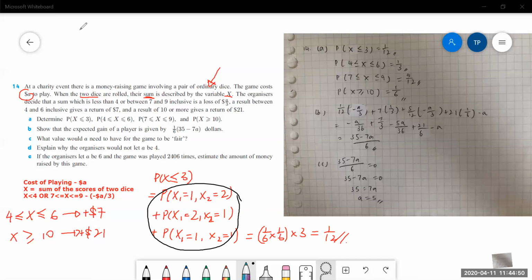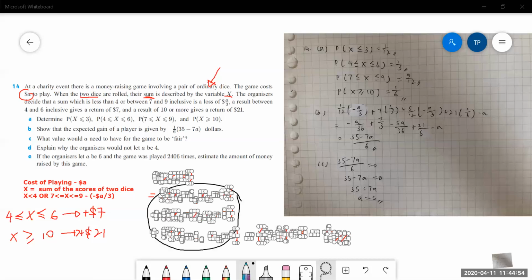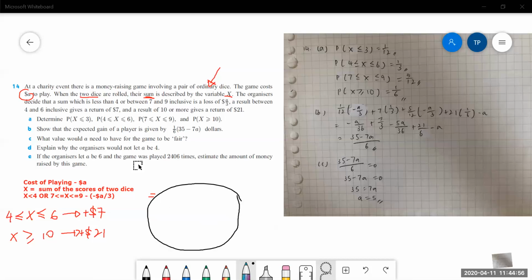So for 4 to 6, to get 4, it will be probability of x1 equals to 3 and x2 equals to 1.